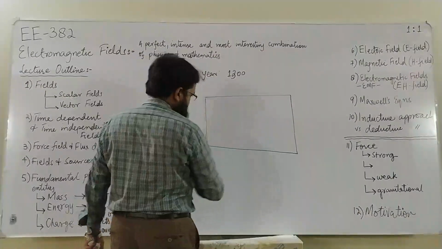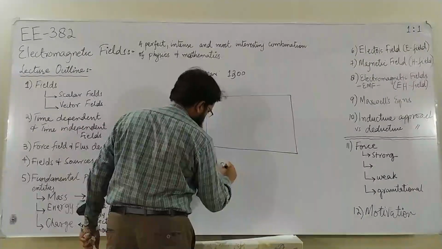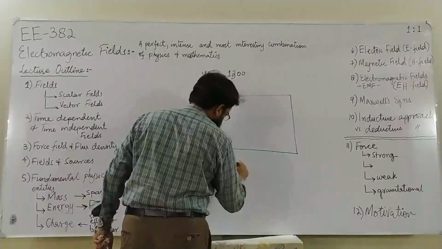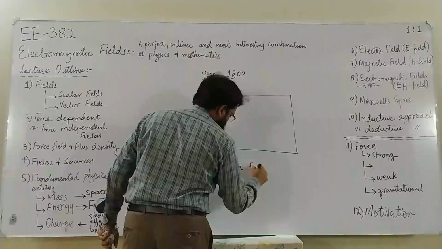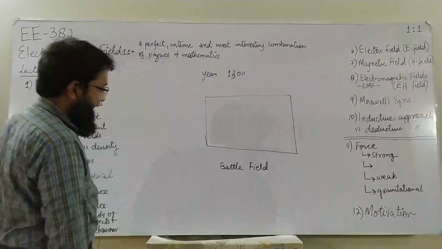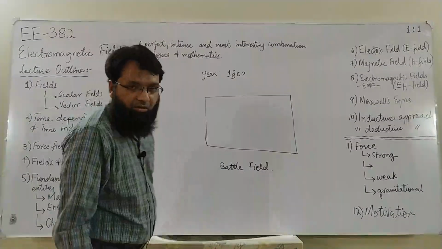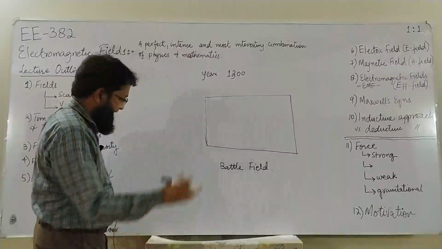And there is some bounded region, a battlefield. In this bounded region, a battle is taking place, so we will call it a battlefield because this is bounded and a battle is going on over there. So it's not just a bounded region, but something is happening over there.